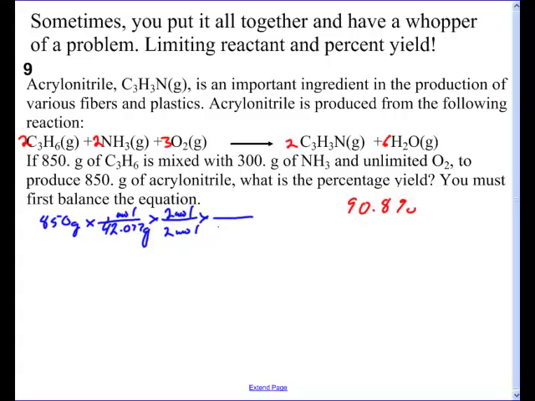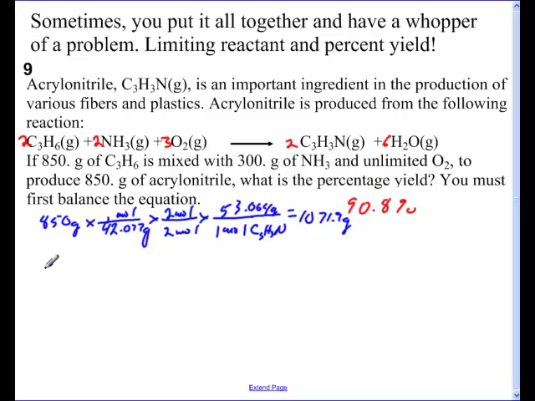Okay, and then 1 mole of C3H3N, acrylonitrile, happens to weigh 53.064 grams. And that equals 1,071.9 grams. Okay, so there's that one.